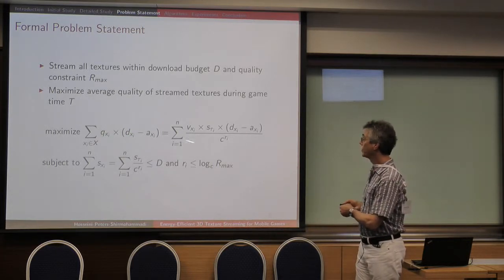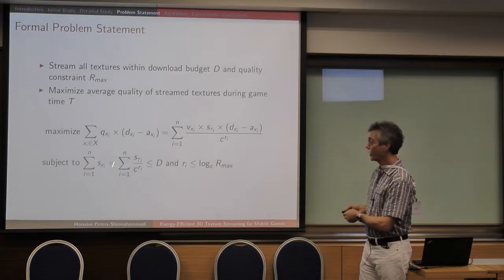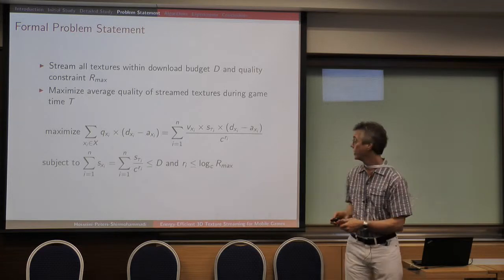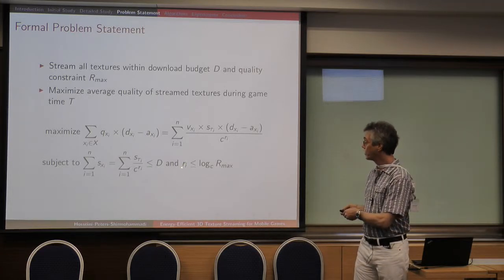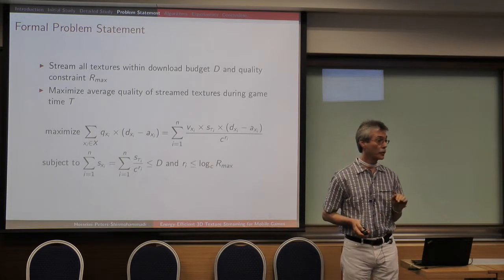And we can expand this. It's the value factor divided by the original size scaled down by this. So we maximize that subject to the constraint that the sum of the sizes of these textures doesn't exceed the download budget, and the compression in each texture is no more than the maximum that the user will allow.